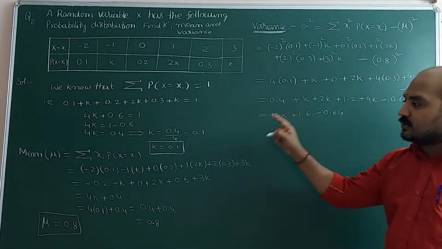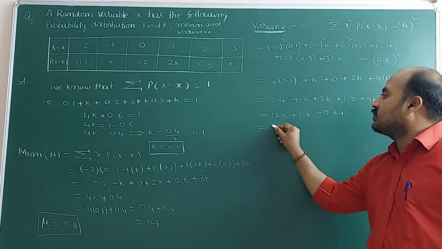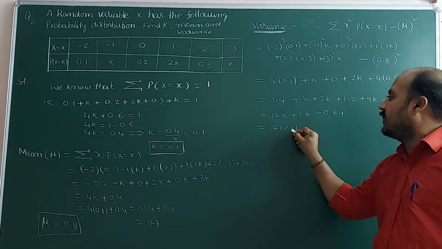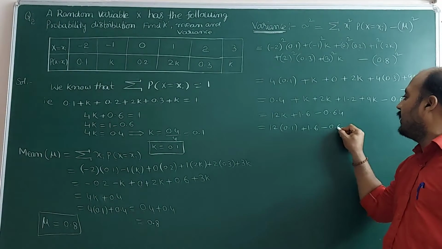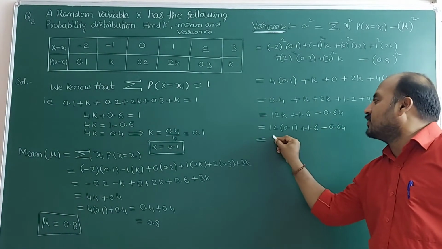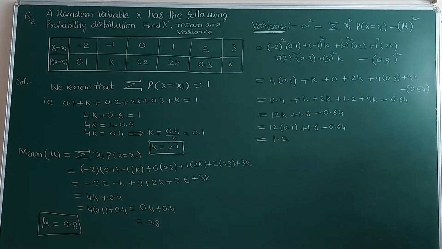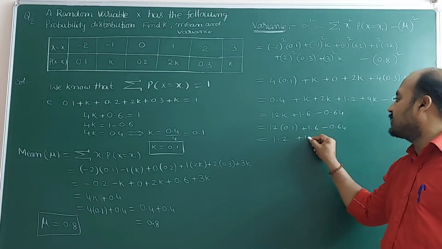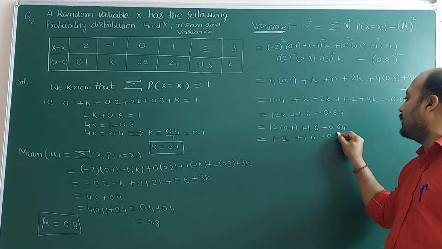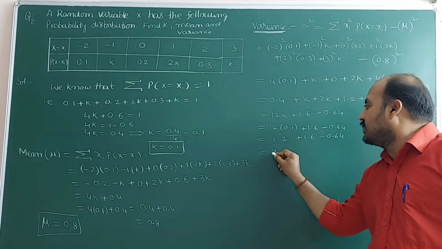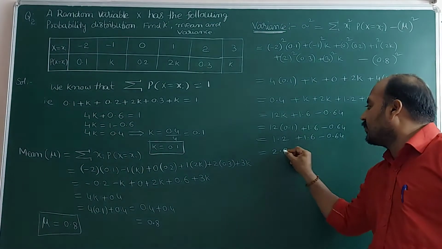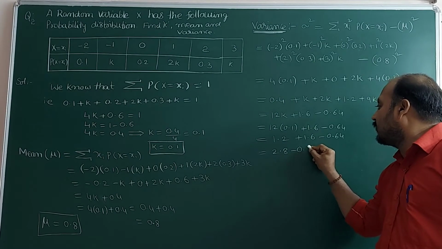K is equal to 0.1. So 12 into 0.1 plus 1.6 minus 0.64. So this is 1.2 plus 1.6 minus 0.64, which is equal to 2.8 minus 0.64.